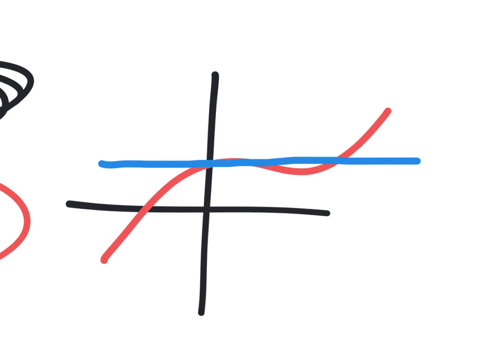There wasn't one before, but now there is. Because if this thing is going to be a one-to-one function, it'll have to be a function in the first place, which is the vertical line test. And it also has to be one that would pass the horizontal line test. So this red function, it's a function, but it's not a one-to-one function. To be one-to-one, you have to pass both the vertical and the horizontal line tests.